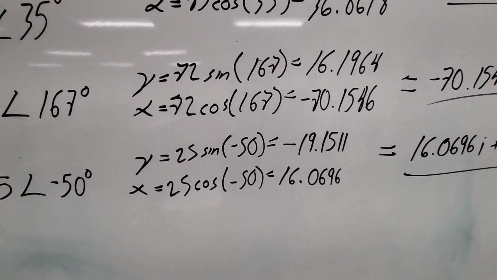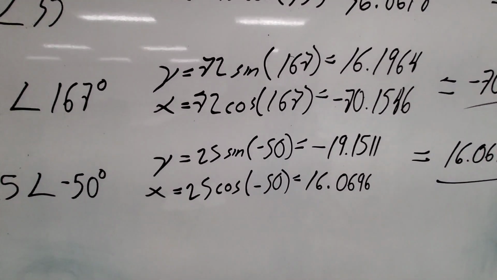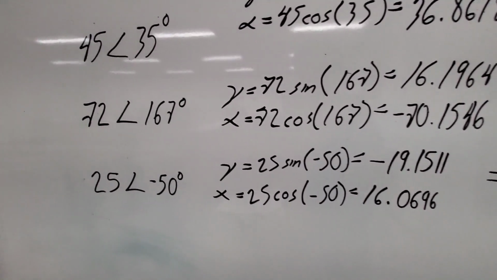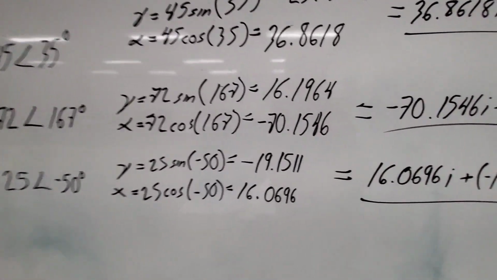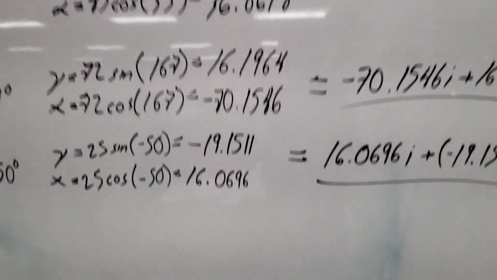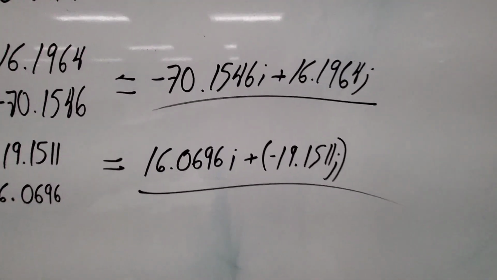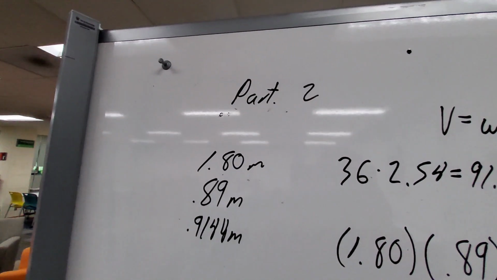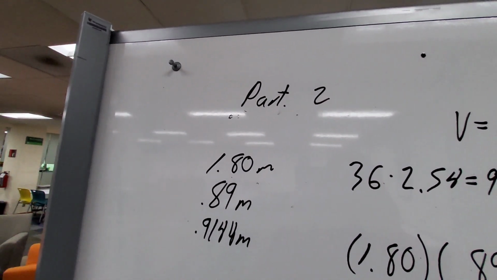We use the sine and cosine of the angle multiplied by the magnitude, and this gives us our coordinates and our answer. Now my third mistake was in part 2, the first problem.